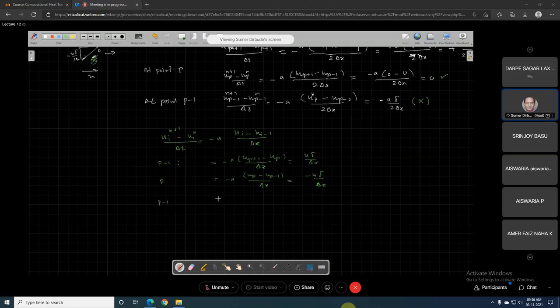At P minus 1, you will get minus a times u_(p-1) minus u_(p-2) divided by delta x, and that goes to 0.